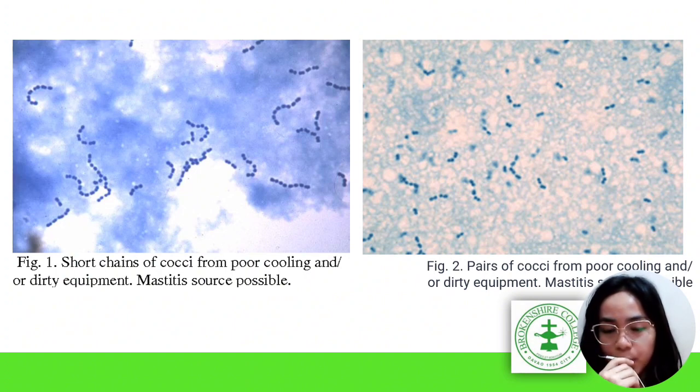As you can see in figure 1, there are short chains of cocci, then in figure 2, pairs of cocci. These are observed in milk samples. The presence of these cocci may indicate poor cooling or dirty equipment. If not addressed, these conditions can contribute to bacterial contamination, affecting milk quality and safety.